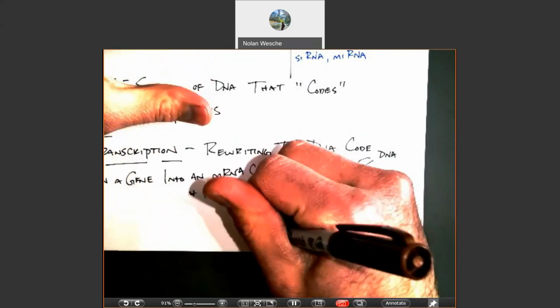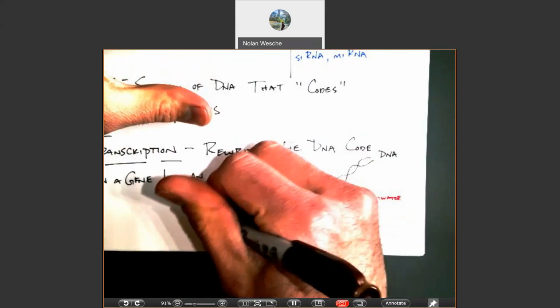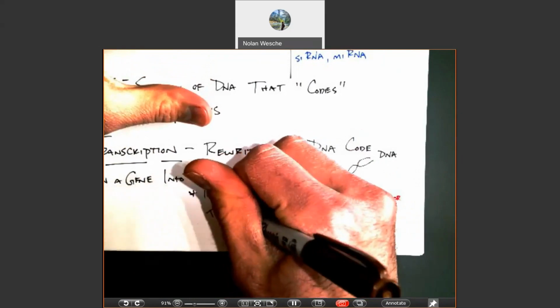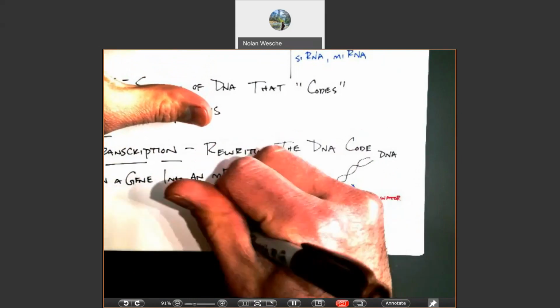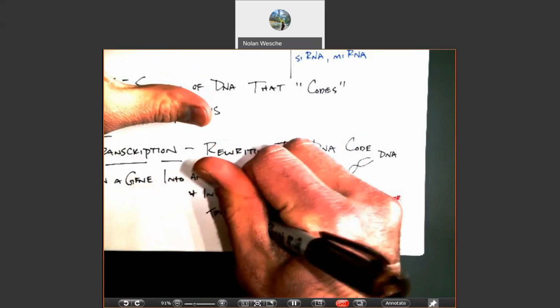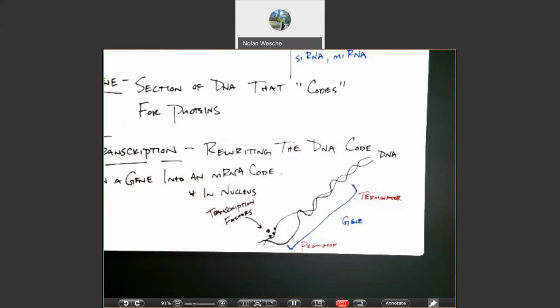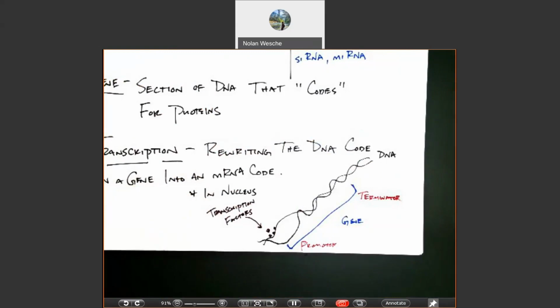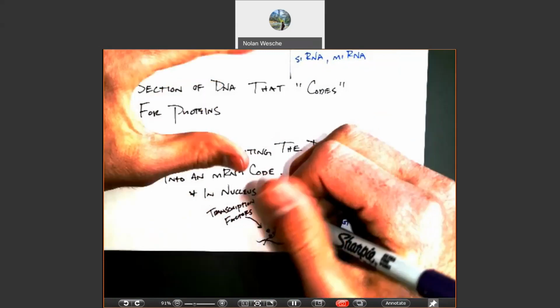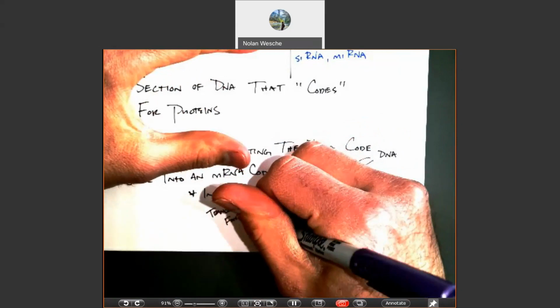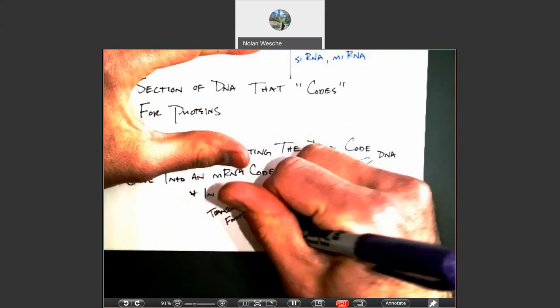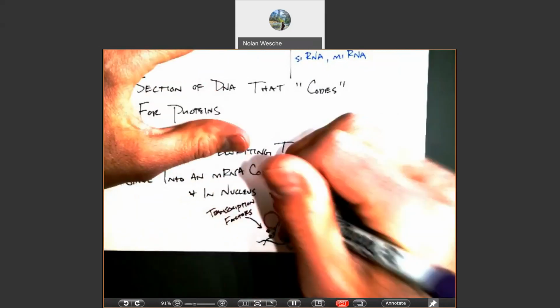So we're going to label these transcription factors. Those are going to accumulate around the promoter site of the gene. They also serve to provide a bonding site for the item that does the heavy lifting in terms of copying.